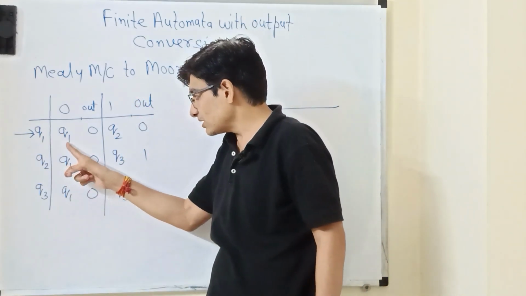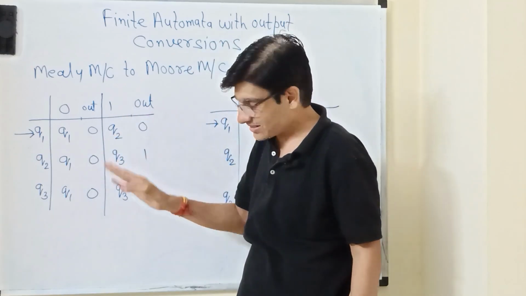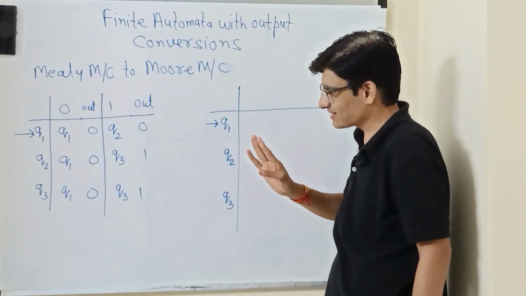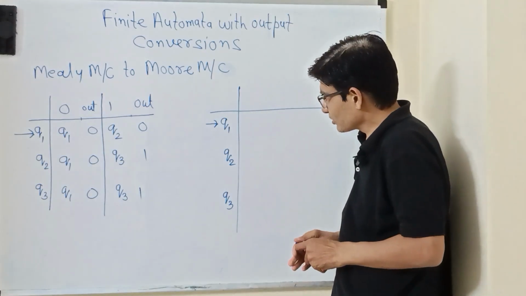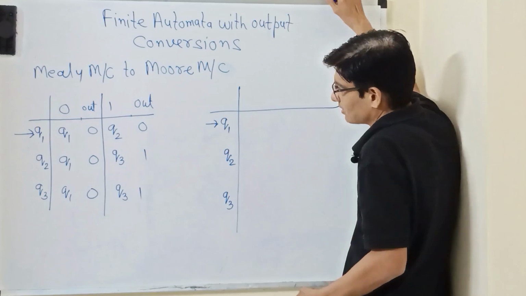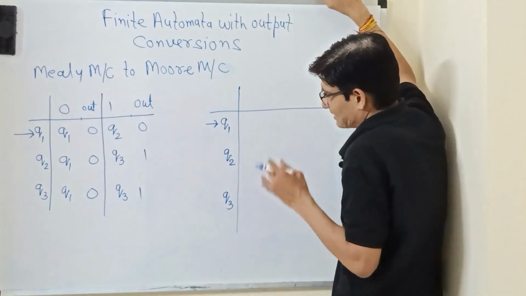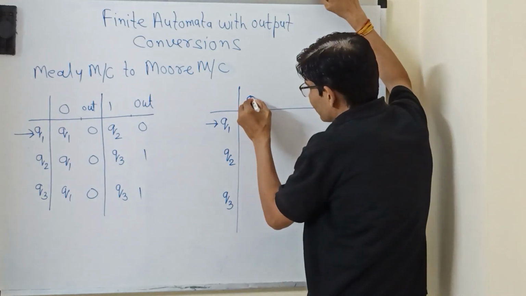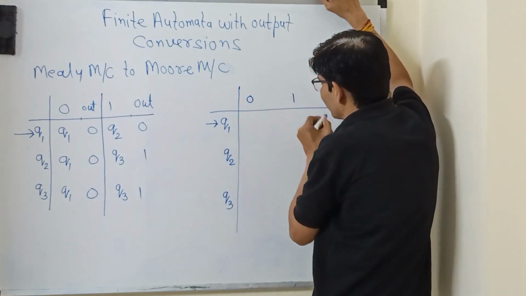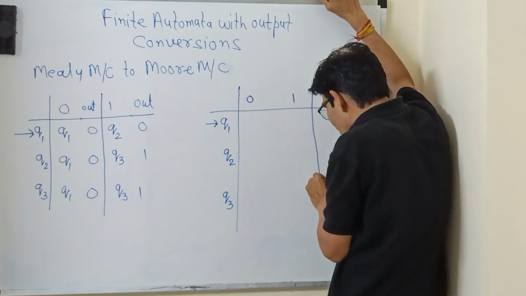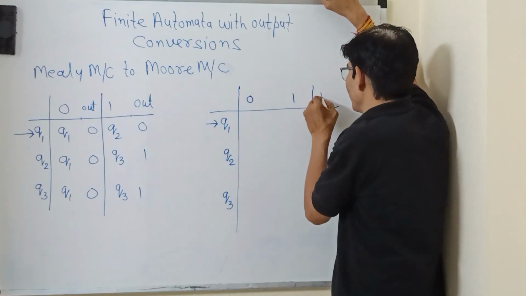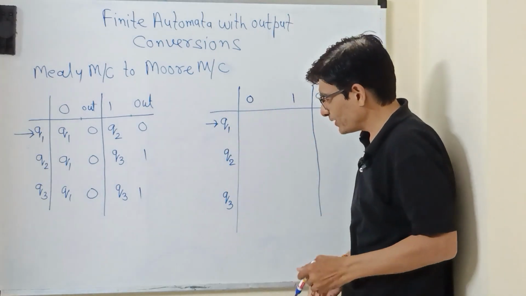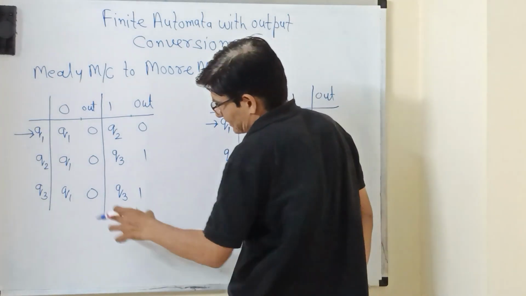If a single symbol is associated with each state, then you can keep the number of states as it is. So I can use the transition table like this. Here we will create the transition for 0 and 1, and we will attach one output symbol with each state. Let's see how we would do it.